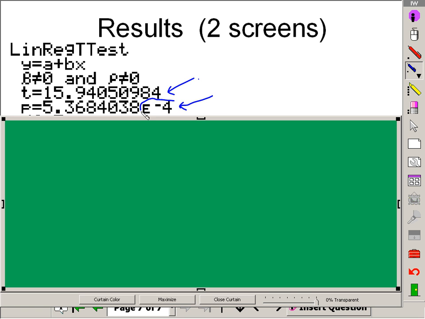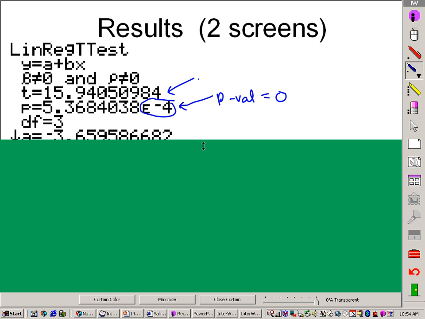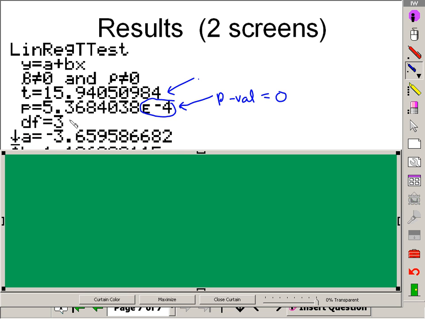Because it says e-4, this is basically a p-value of 0, extremely small. We will reject H0 and, in essence, accept Ha. There are 3 degrees of freedom. The degrees of freedom here is slightly different: usually it's n minus 1, but here it is n minus 2.